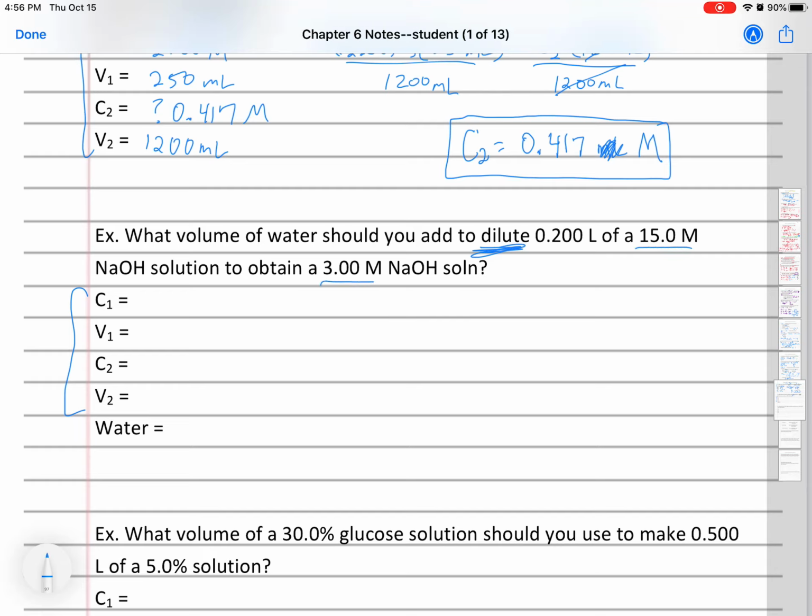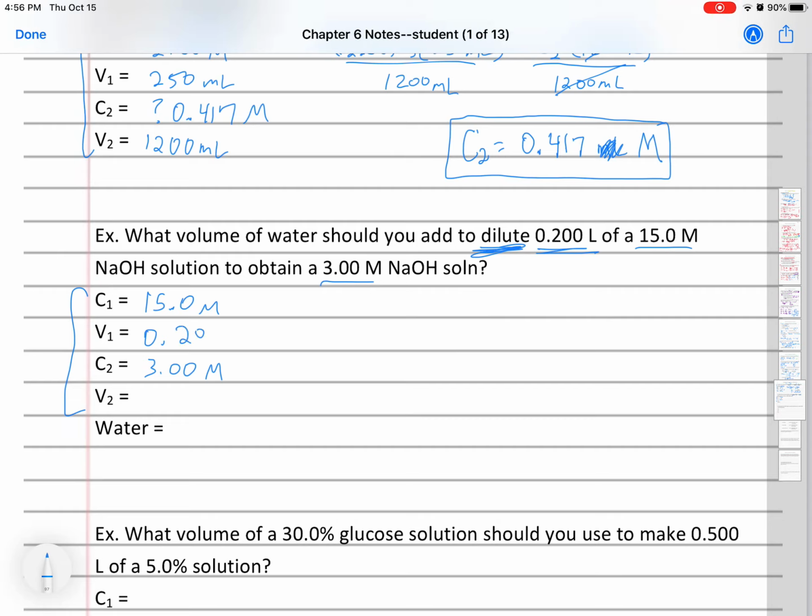So I have two concentrations, 15 molar and 3 molar. In a dilution, the concentration's going down. So I know the higher concentration is my initial, and the lower concentration is my final. And I've got 0.2 liters of that initial.